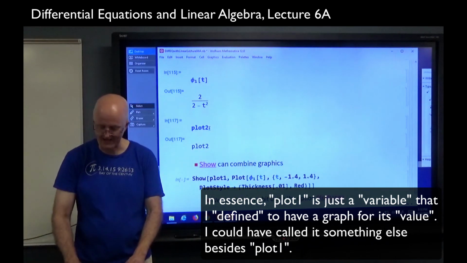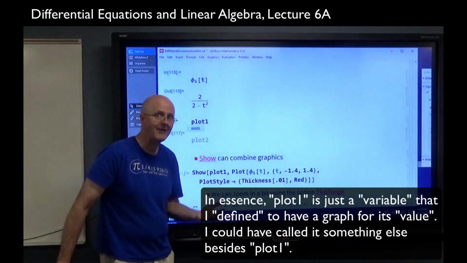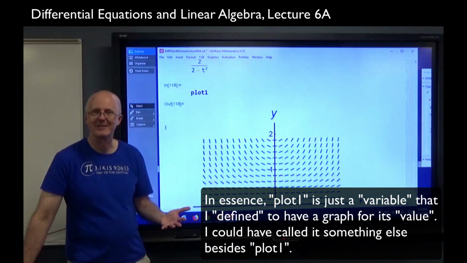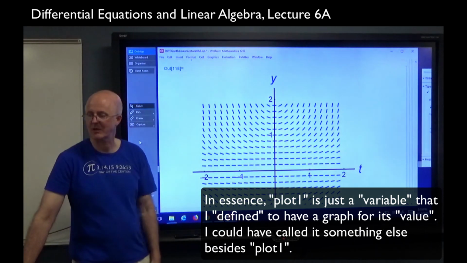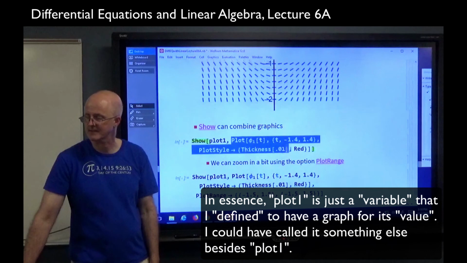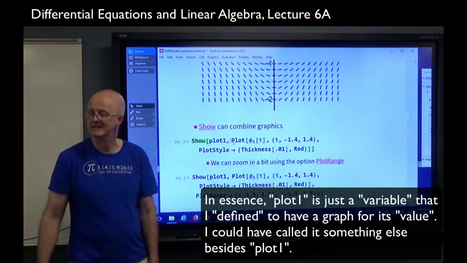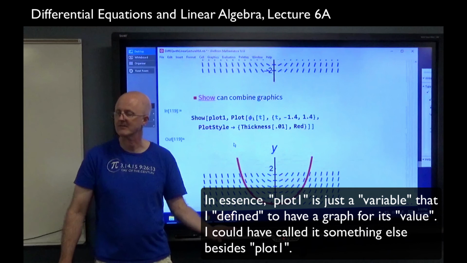I've stored a value in a variable I'm calling plot 1. It is a graphical variable. That graph is stored in that variable plot 1, and I can combine the graph of the slope field with a plot of the solution where y0 is 1 by combining these with another command called Show inside square brackets. So we are once again nesting these different Mathematica functions.